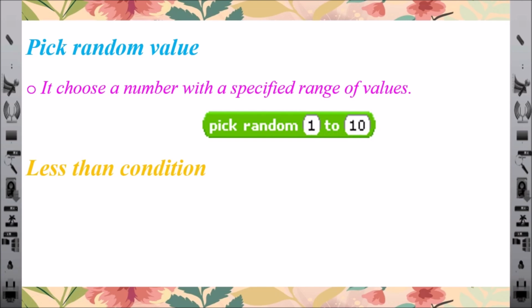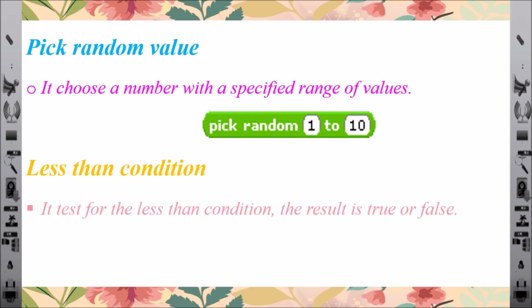Otherwise the result is false. It tests the less than condition, and the result is true or false. If the first number is less than the second number, the condition is true and the output is true.